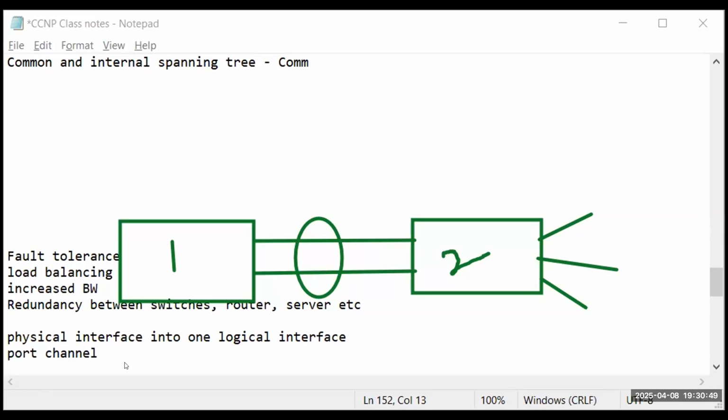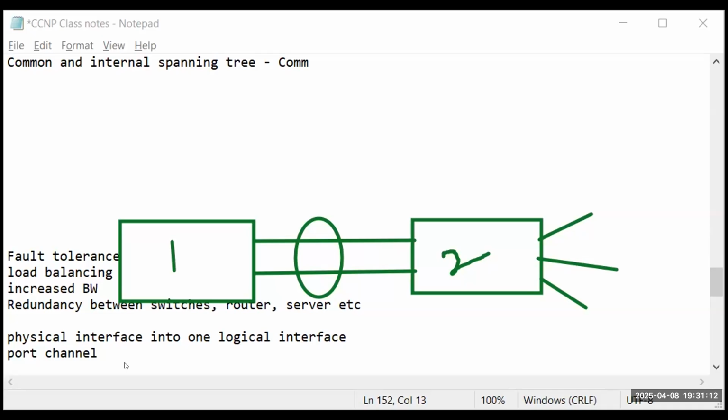But when we monitor the switches as a network administrator, we should be alert. There's one port which is already down, but the network is still running, and we need to be very careful to bring up that port as soon as possible, because if the other port also goes down, there would be a network failure.